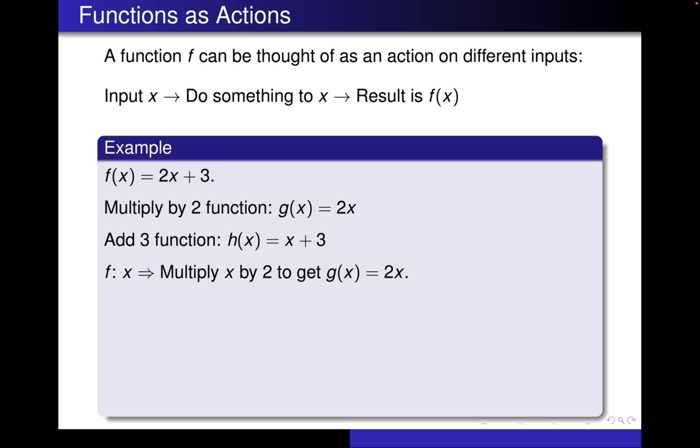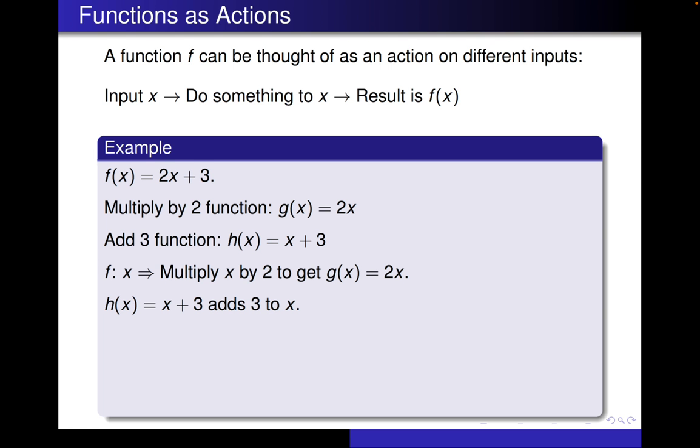Now, the second action is the plus 3 action, right? Now, h of x equals x plus 3, that adds 3 to x. But we don't want to add 3 to x. We want to add 3 to 2x, right? But again, think of h as the function that takes your input and adds 3 to it. If our input is x, we get x plus 3.